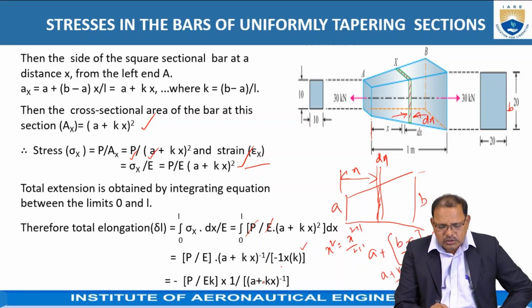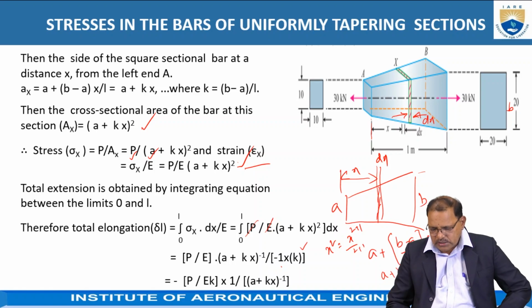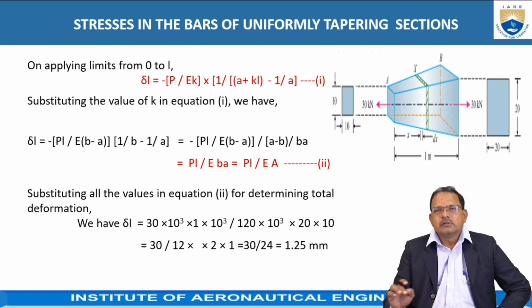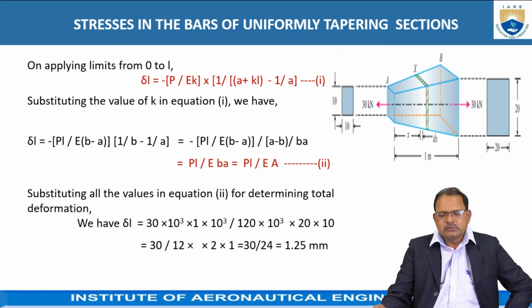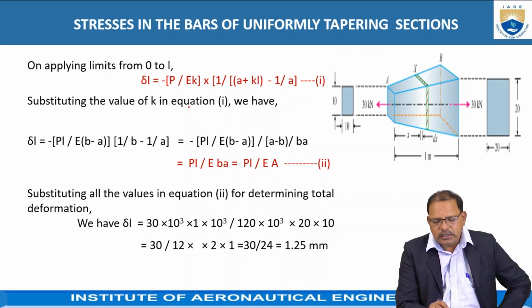So this value is equal to minus P by Ek into 1 divided by (A plus Kx) whole power of minus 1. Applying the limits on these equations, we got delta L is equal to minus P divided by Ek, which is a constant, into 1 by (A plus KL) minus 1 by A.